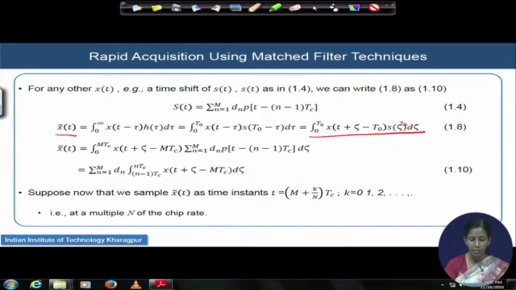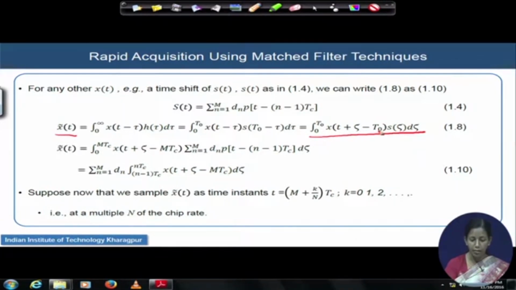Now there is no chance that at t equal to t0 you will suddenly get S squared xi. Rather, this s(ji) will be replaced by this expression. I have brought out the summation and d_n, exchanging the summation and integration operation, and over one chip duration, (n minus 1)Tc to nTc, the value of p will be either 1 or minus 1, ending up with x(t) plus xi minus m into Tc.